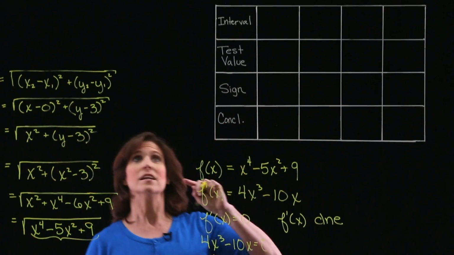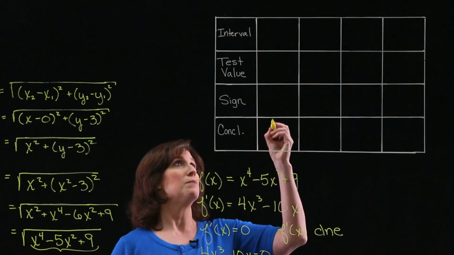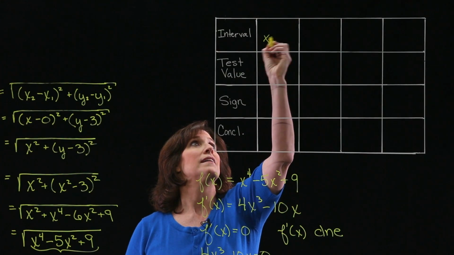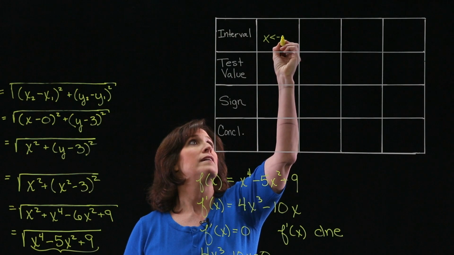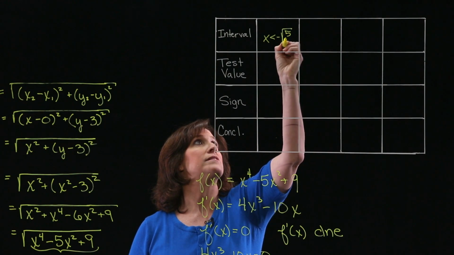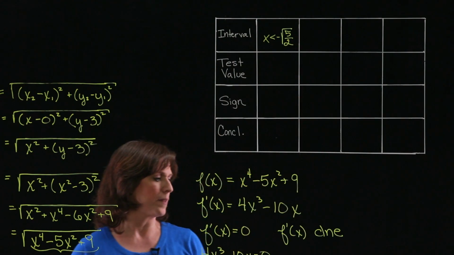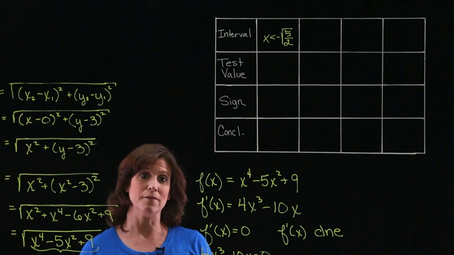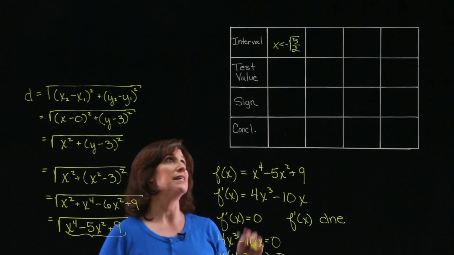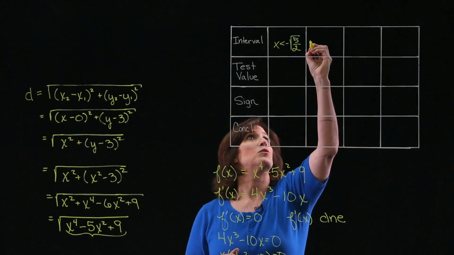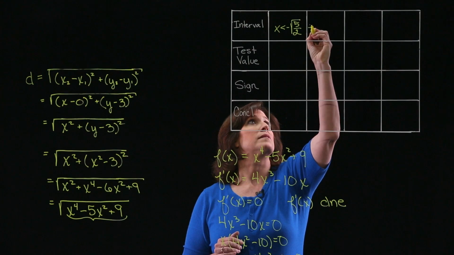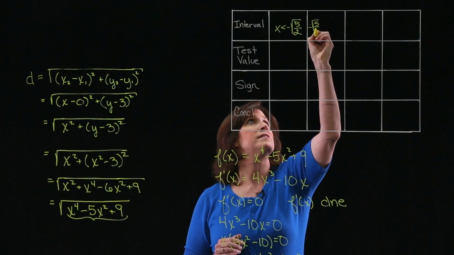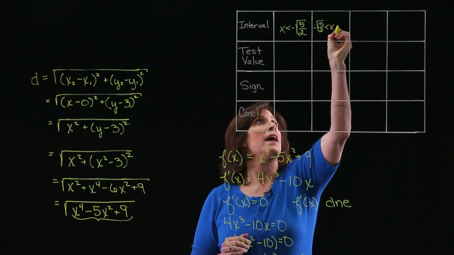So the first interval that I'm going to look at are values of x less than negative square root of 5/2. The next interval will be everything between negative square root of 5/2 and 0.